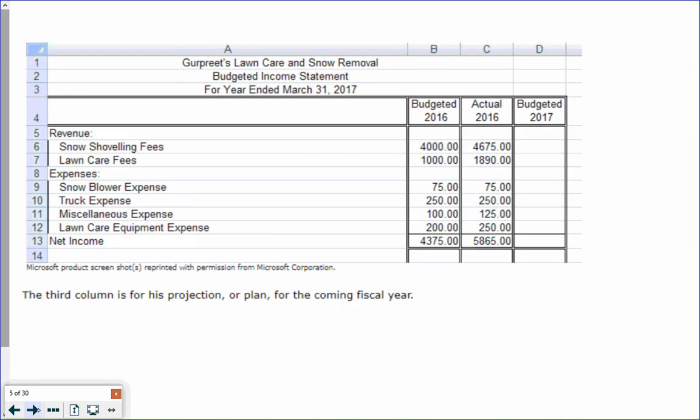Okay, so this is what a budgeted income statement looks like. So same thing, we've got the company name and we've got the date. So this was his budget from last year, which I'm just giving you. Don't worry about where this came from. This is the actual. So this is what I just copied down off of his income statement.